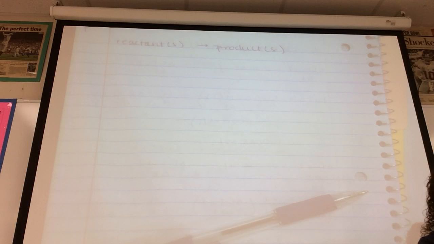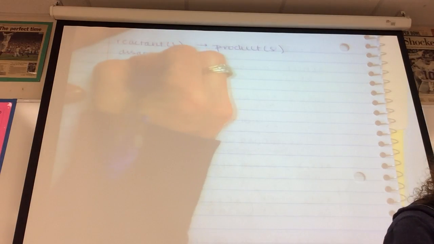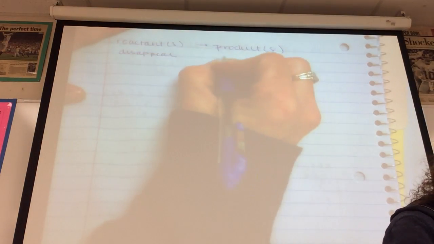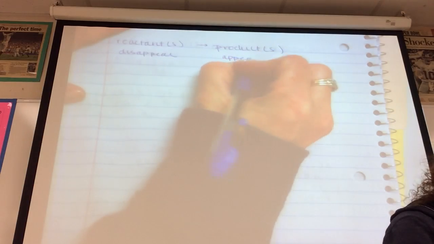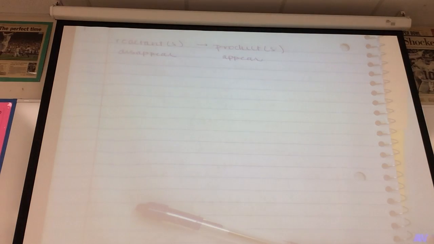Do they get made or used up? They get used up. They get consumed. Products get generated. They get produced. So reactants will disappear and products will appear as the reaction goes from left to right.